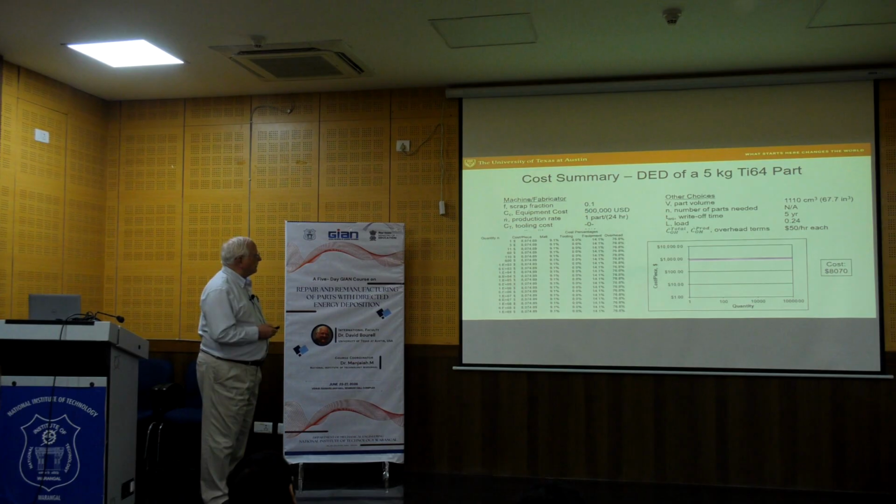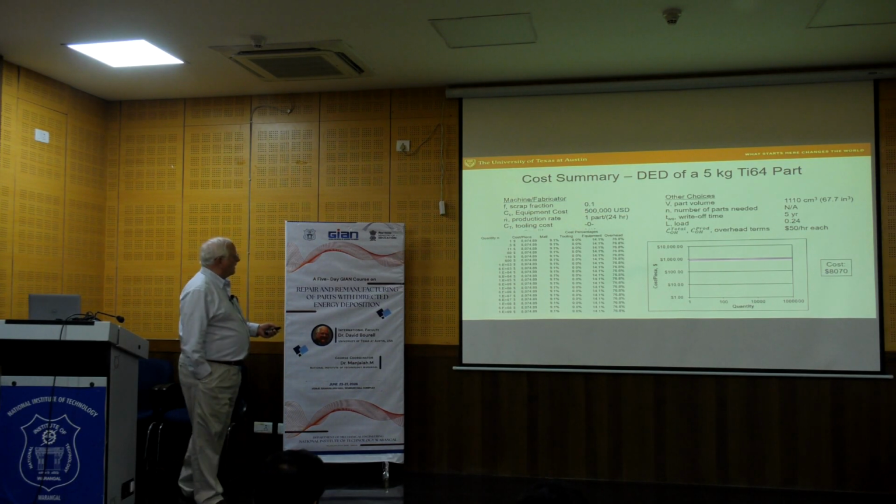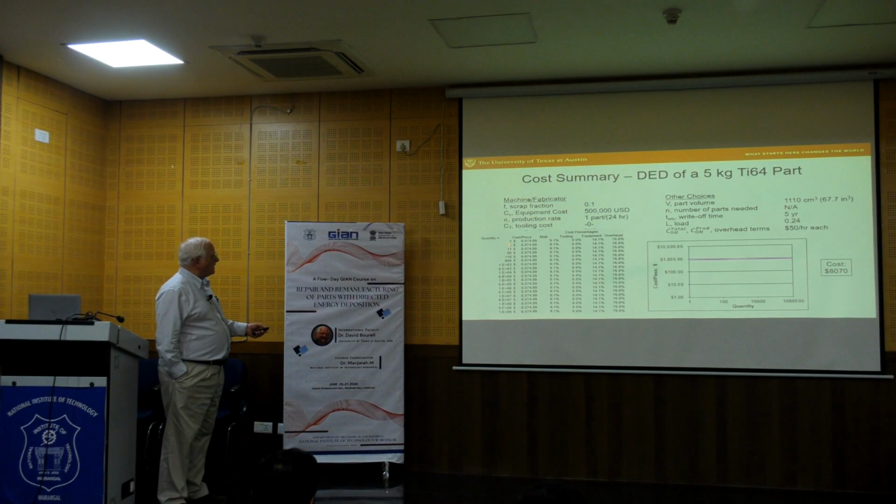So for example, if I show this table here, basically this is the table where the x-axis quantity is the first column, and the part cost is the second column here. Oh, actually, I'm sorry, this is wrong.